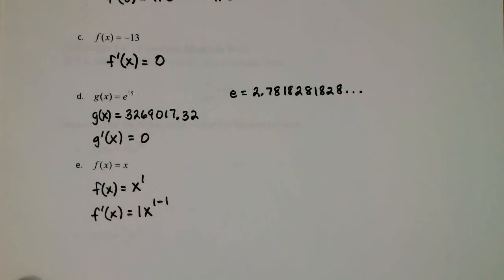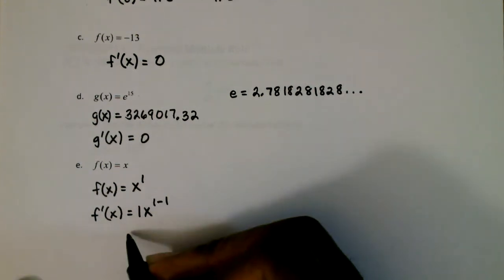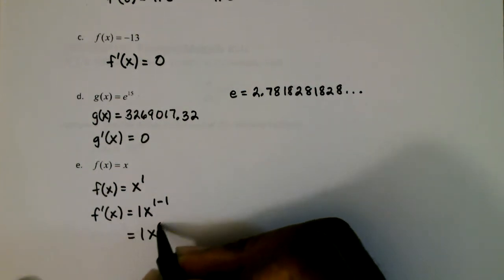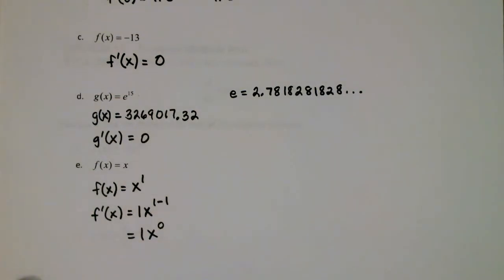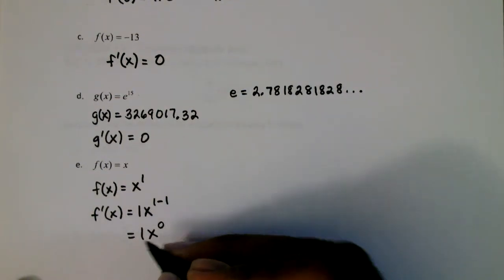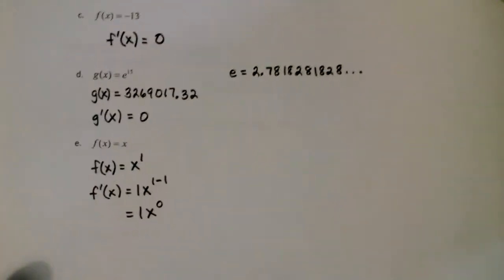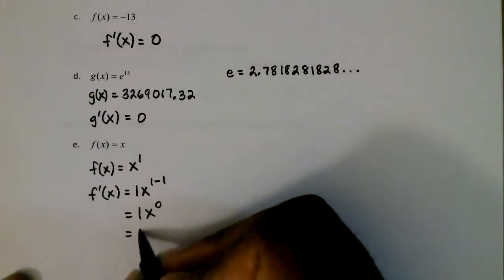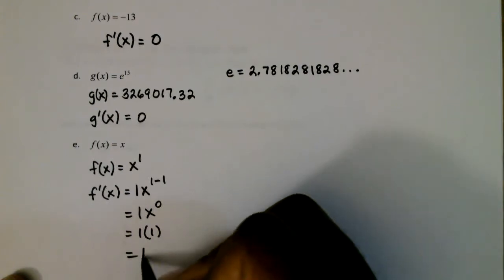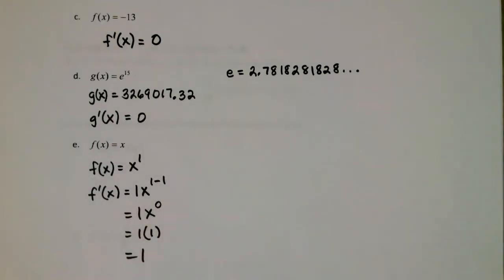So my exponent will be 1 minus 1, which will leave me with 1x to the 0 power. And if you recall, any non-zero number to a 0 power is automatically going to be 1. And 1 times 1 will be 1. Okay, so anytime you take the derivative of just a variable to the first power, like x, or the derivative of y, it is automatically going to be 1.